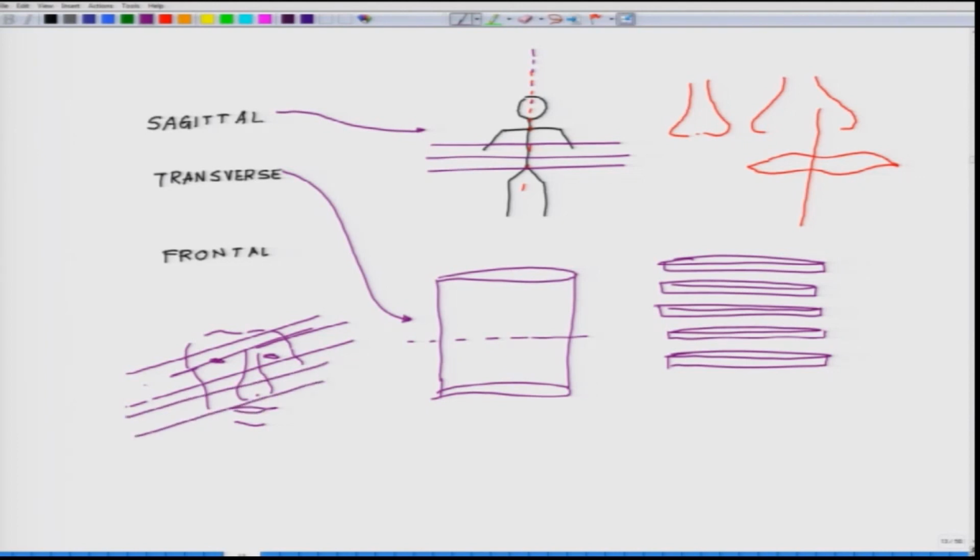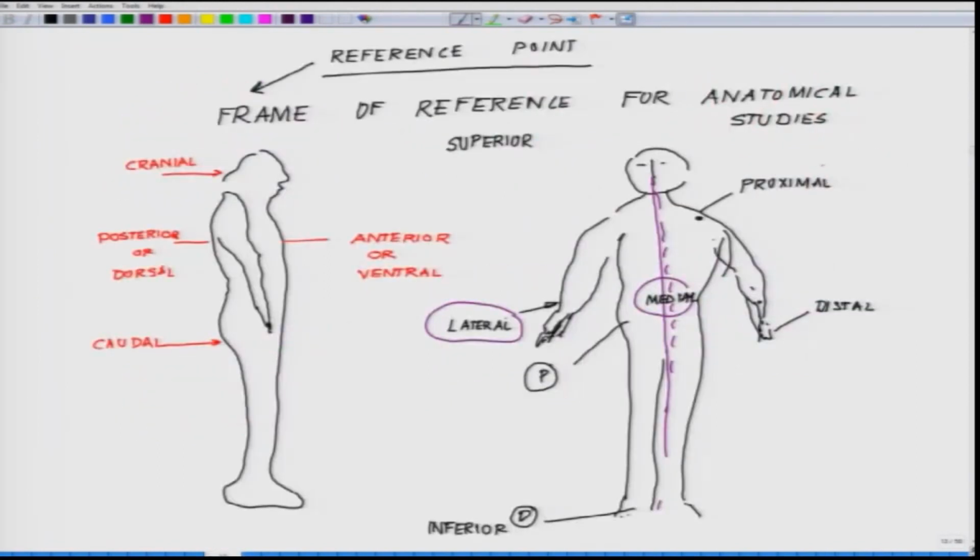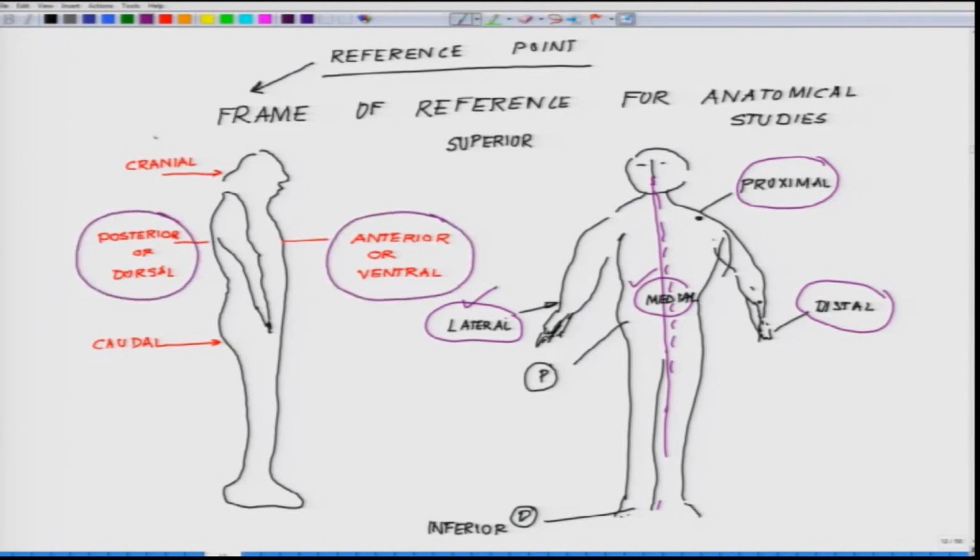So for you, what is important is the sagittal cut and the transverse cut, and on the other side, what you need to remember is the proximal, distal, medial, lateral, ventral and dorsal, and of course the cranial, caudal, superior, inferior.